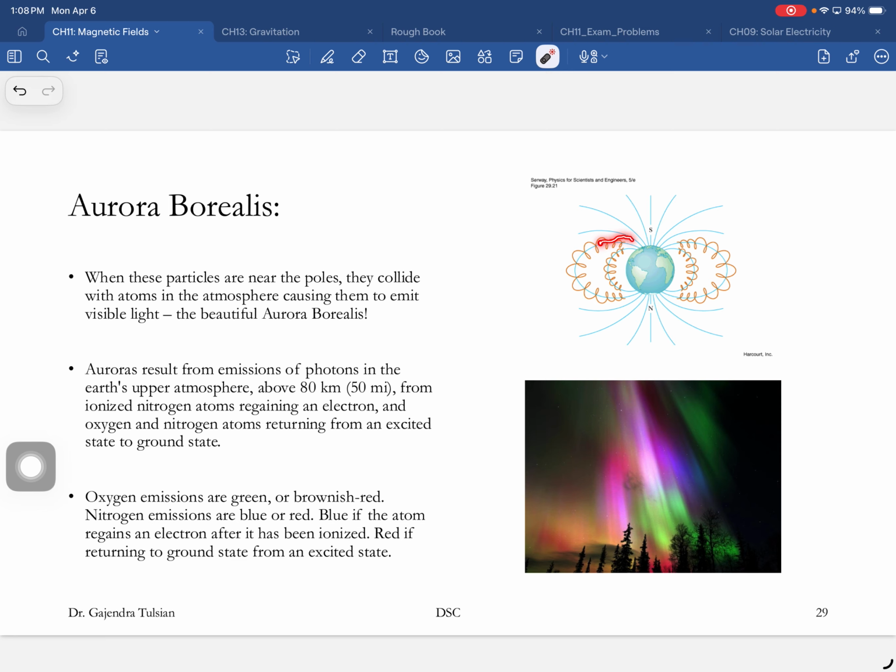So these particles, when they bump into the atmospheric molecules, excite or ionize them, and those excited atmospheric molecules emit light. Oxygen emissions are green or brownish red. Nitrogen emissions are blue or red.